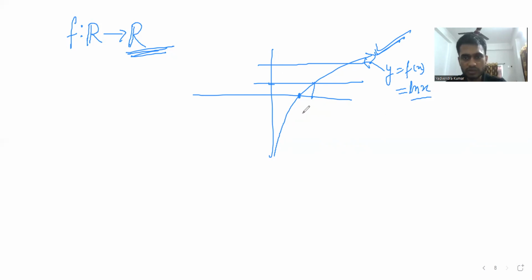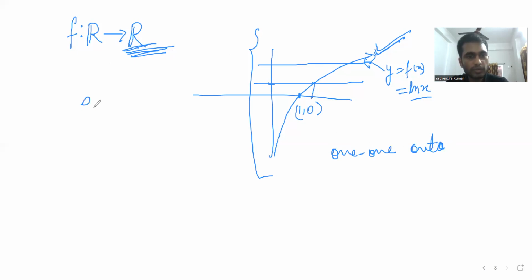This is the logarithmic function. This point is (1, 0), right? Okay, so in this scenario, this is the given codomain and our range is going to be also R, because this graph is existing throughout the y-axis. So this is actually one-one and onto.